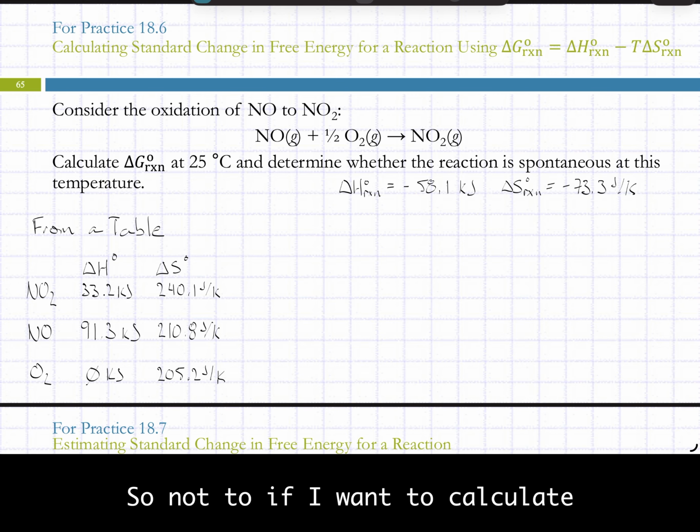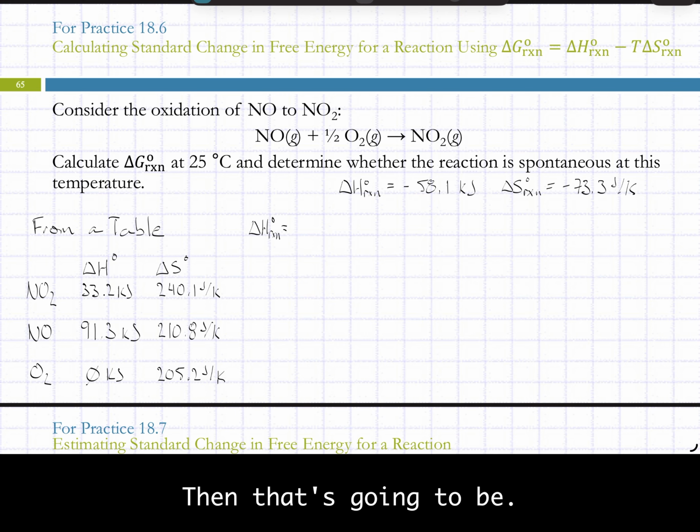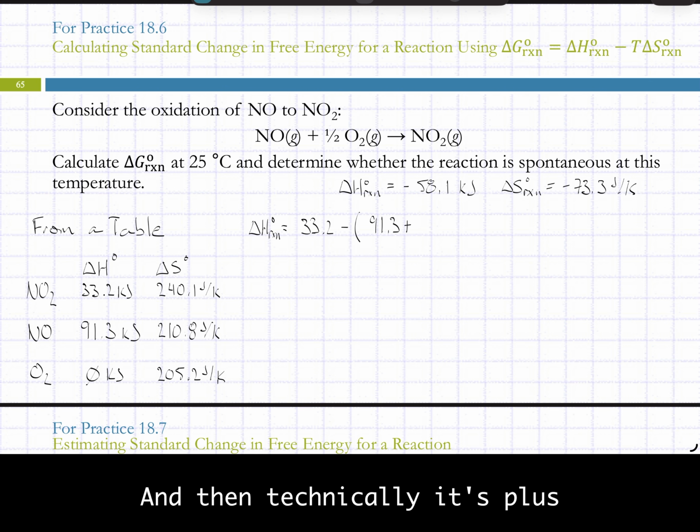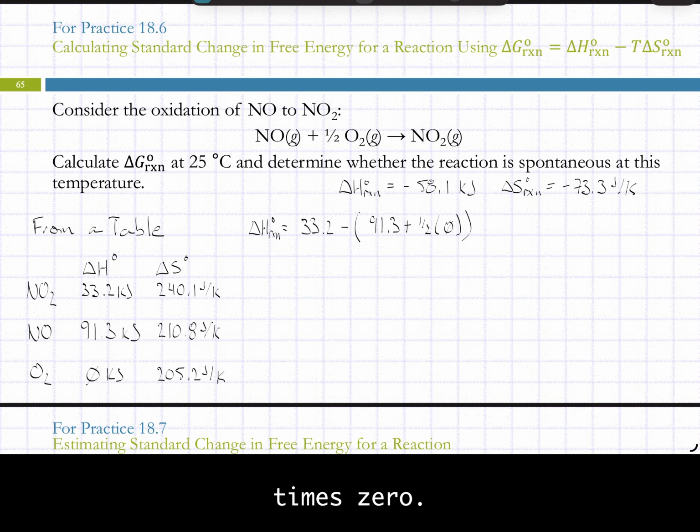So NO2, if I want to calculate delta H of the reaction, then that's going to be nitrogen dioxide, 33.2, minus 91.3, and then technically it's plus 1/2 times 0.